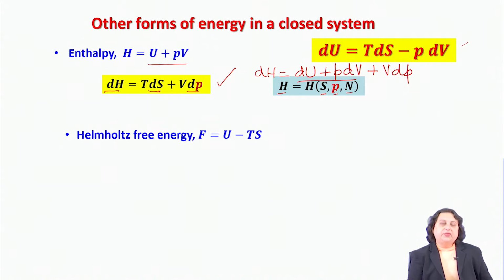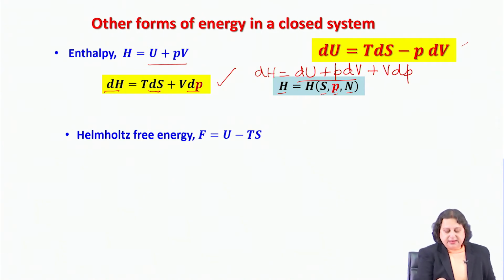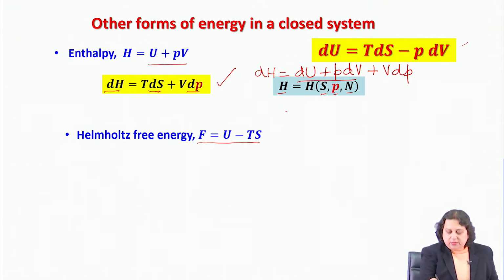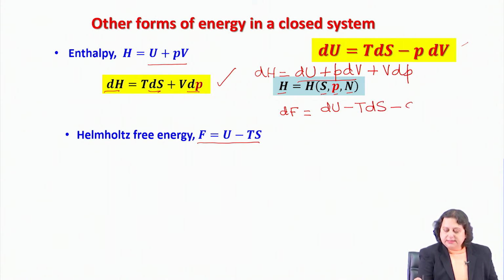We have another form of energy which is known as the Helmholtz free energy, and it is defined as F is equal to U minus TS. So in this case, can I write down what is dF? dF is going to be equal to dU minus TdS minus SdT.